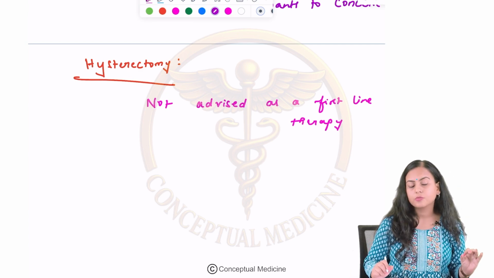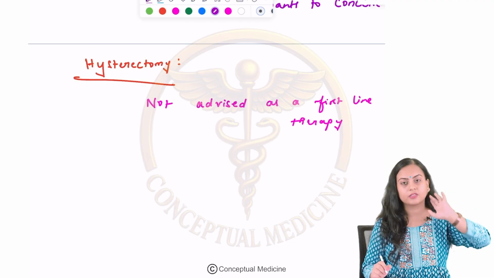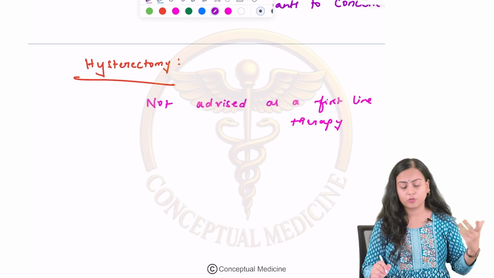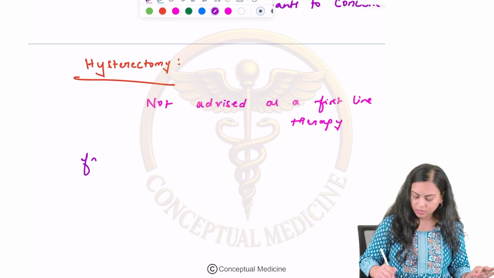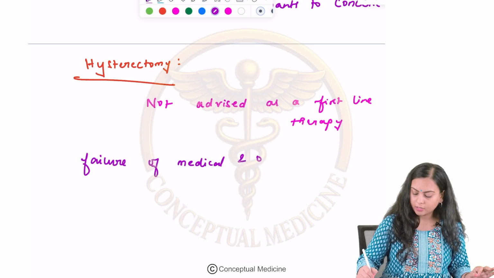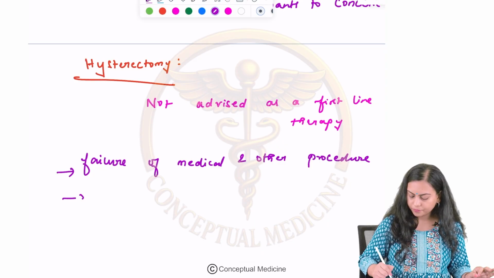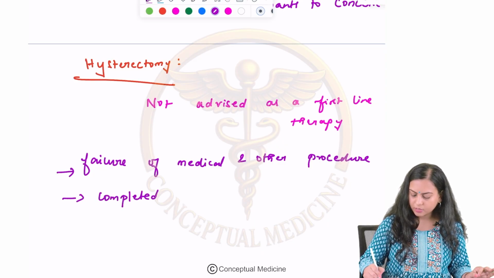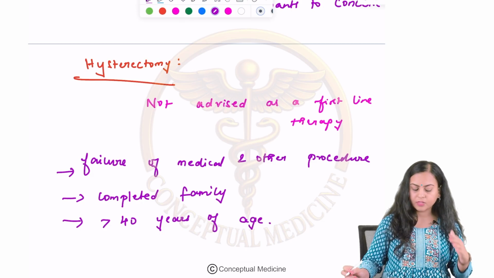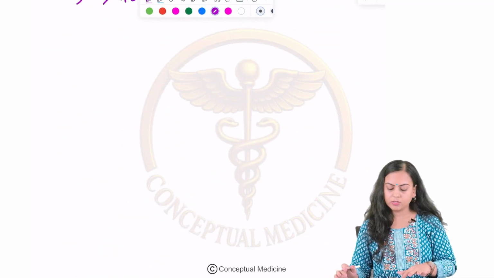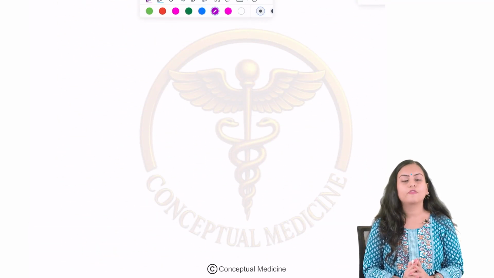Usually it is discouraged because there are wide non-invasive methods, medications, hormonal, non-hormonal agents, etc. Okay, and so this is usually given when there is failure of medical and other procedures, when she has completed family and she is going to be more than 40 years of age. Clear? Yes. So this is all about the management of heavy menstrual bleeding.